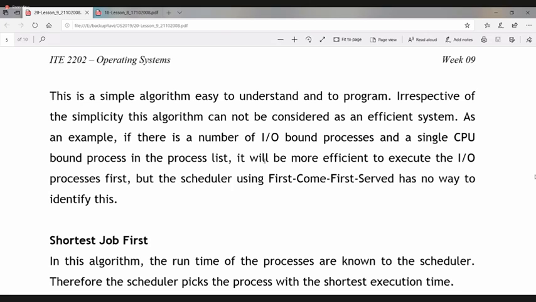But the scheduler using first come first served has no way to identify this, because you are following the same order in the queue. You do not differentiate whether it is IO bound or CPU bound, so you can't give priority.